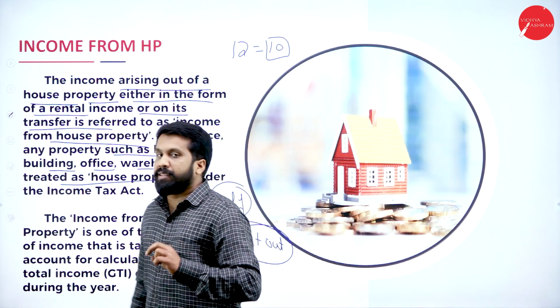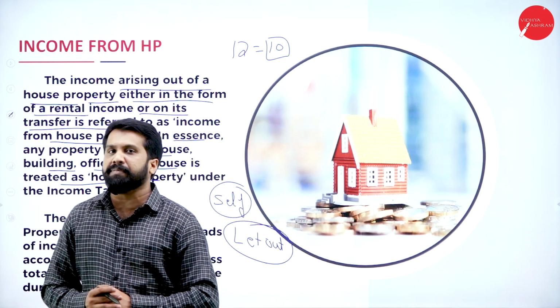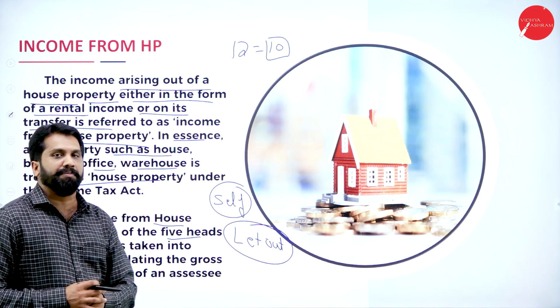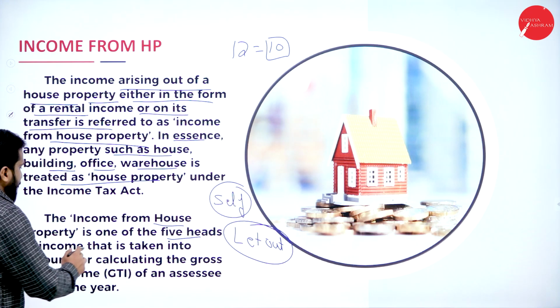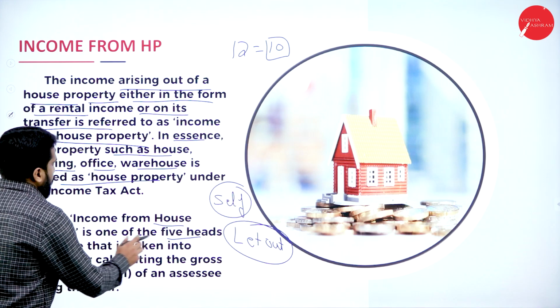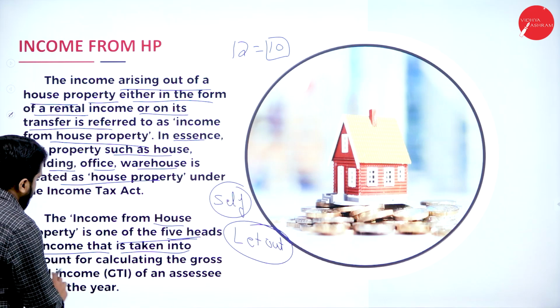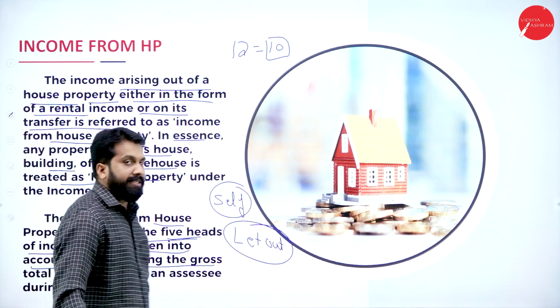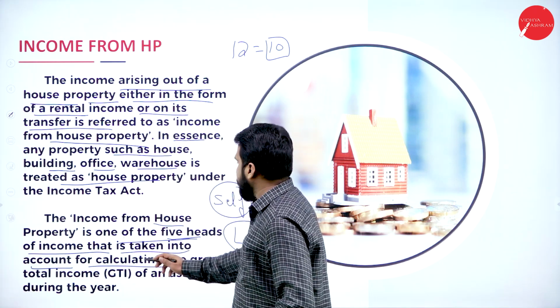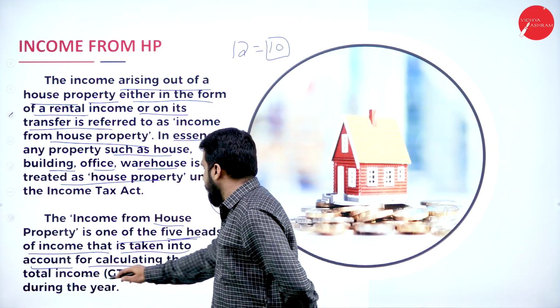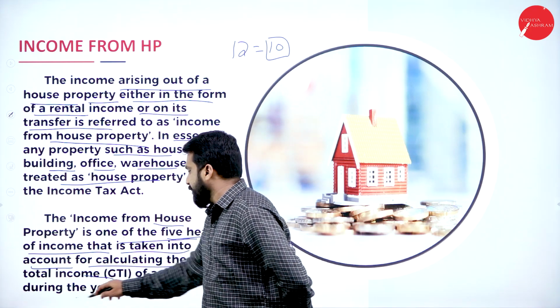As I told you, the second head of your income tax is income from house property. It is one of the 5 heads of income that is taken into account for calculating the gross income of an assessee during the year.